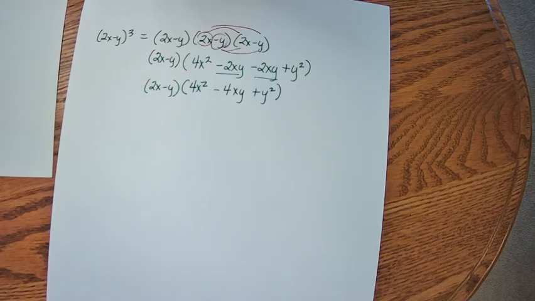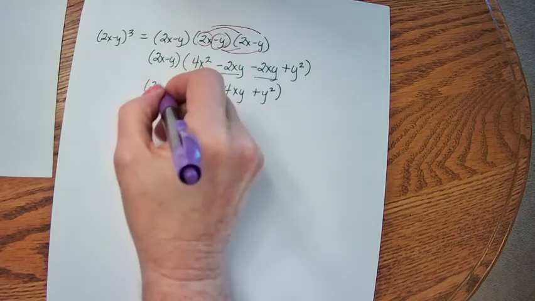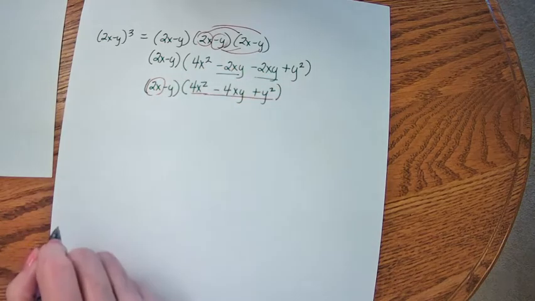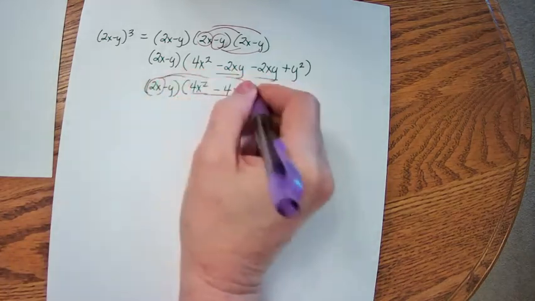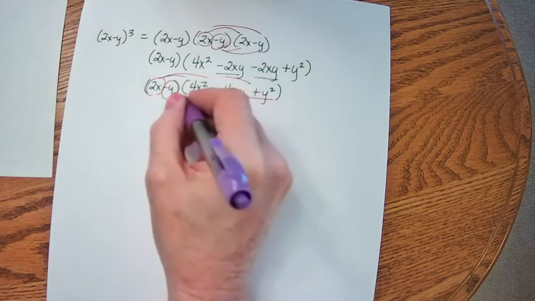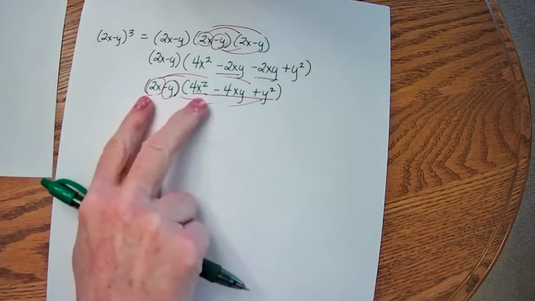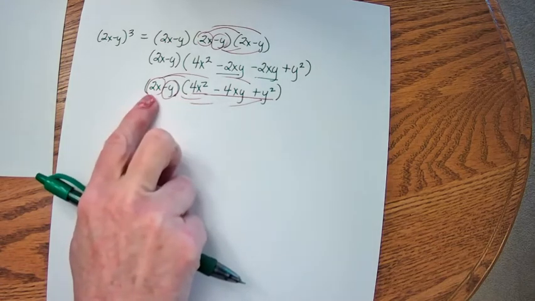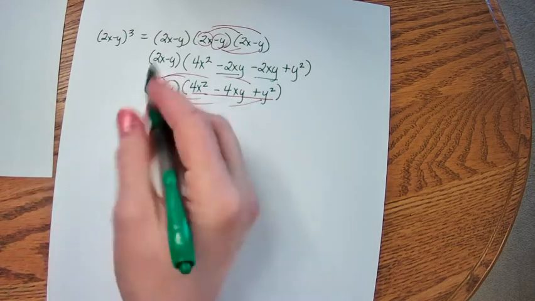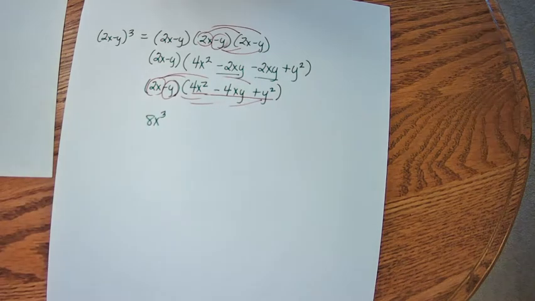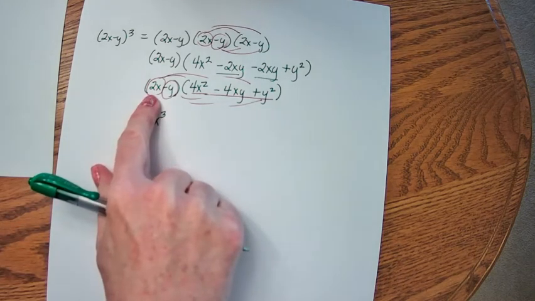Now I have to multiply again everything in the second polynomial by 2x, and then everything in the second polynomial by y. So let's multiply by 2x first. 2x times 4x squared is 8x to the third.